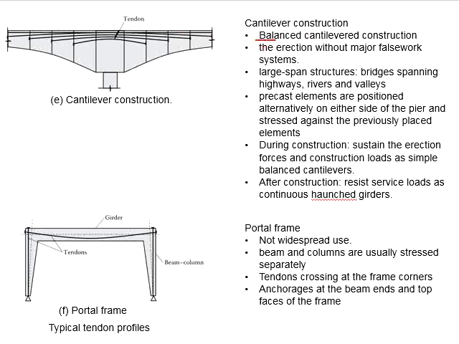This kind of construction method is normally without a major falsework system. That means the amount of formwork can be minimized, and it is normally applied for large span structures such as bridges spanning highways, rivers and valleys.